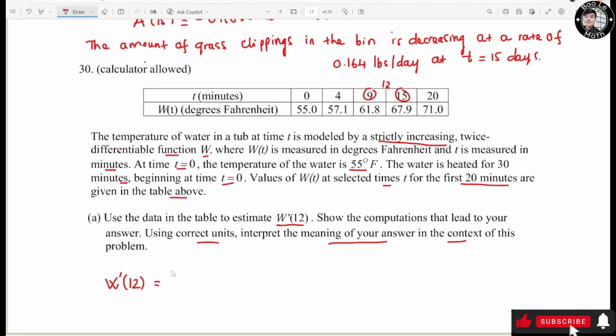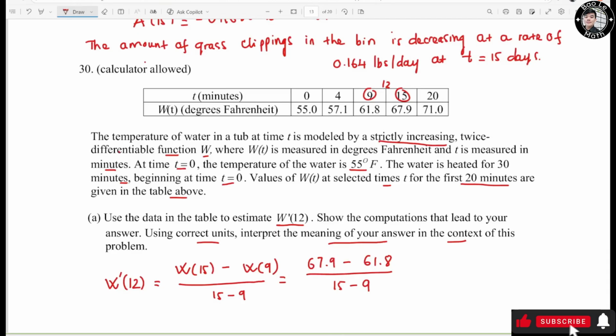So it could be W of 15 subtract W of 9 over 15 subtract 9. Now W of 15 is going to be 67.9 subtract 61.8 divided by 15 subtract 9.